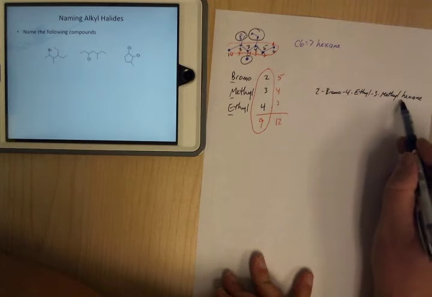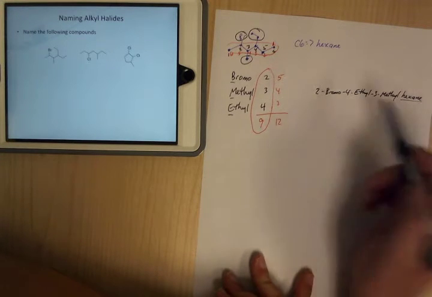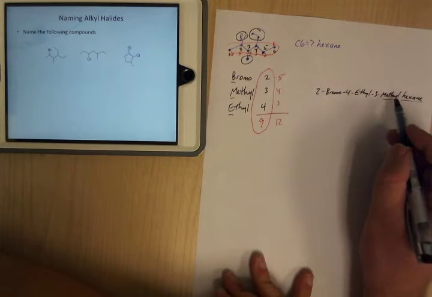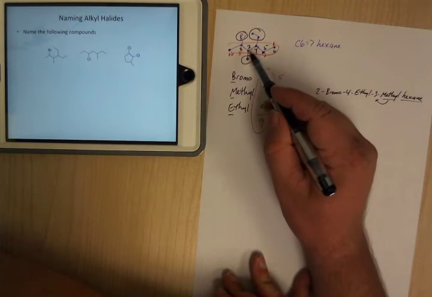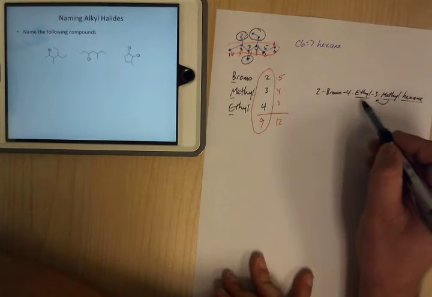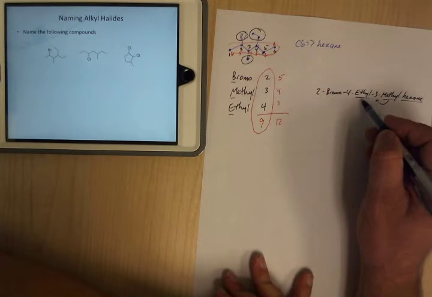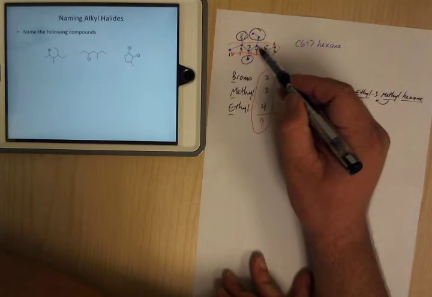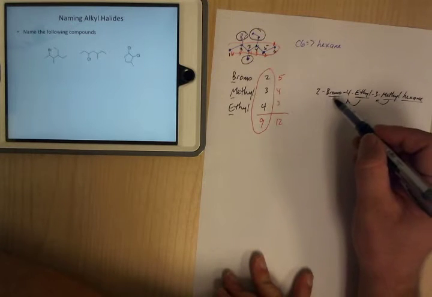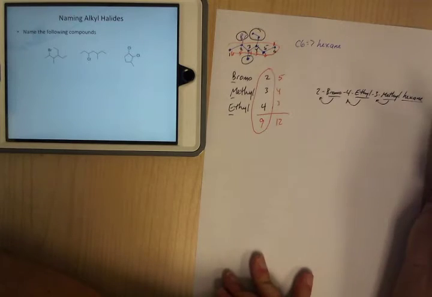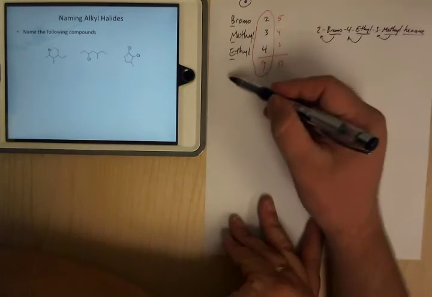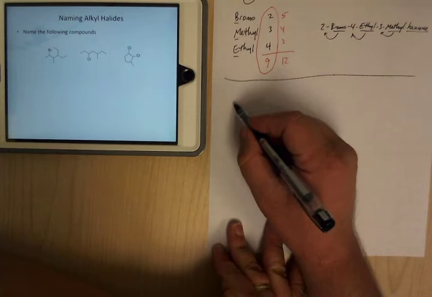So we have a main chain that's 6, a methyl group hanging off of carbon 3, an ethyl group hanging off of carbon 4, and a bromo hanging off of carbon 2. Not too bad.